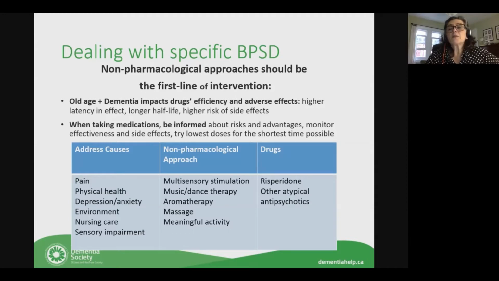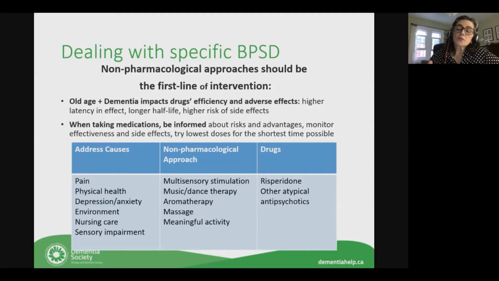So it is really important to think about this session as a way in which you are trying to avoid using medication to solve the problem. But sometimes it is not possible, and sometimes medication is required. And when that happens, what's important is to be really informed about what the risks are and what the advantages and disadvantages are of having medication, and to monitor how effective it is and take a look at the side effects.